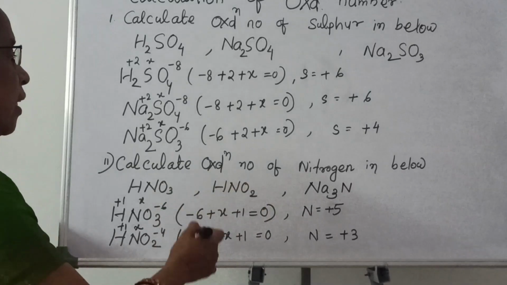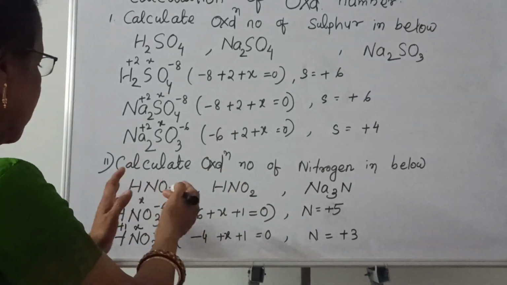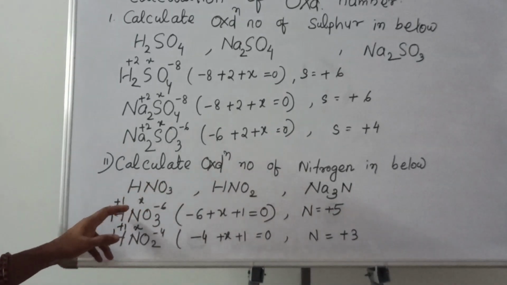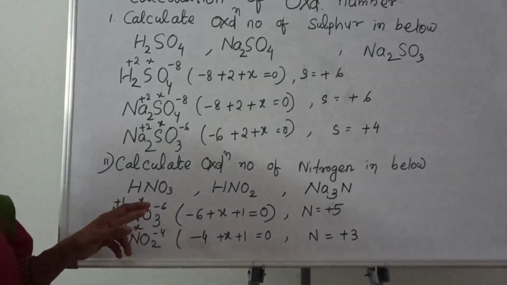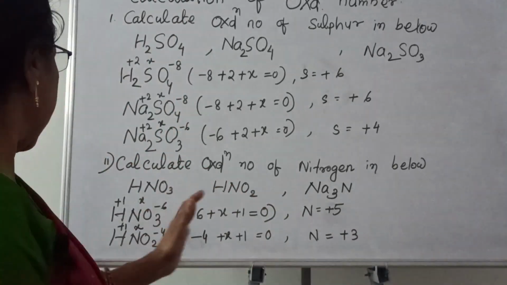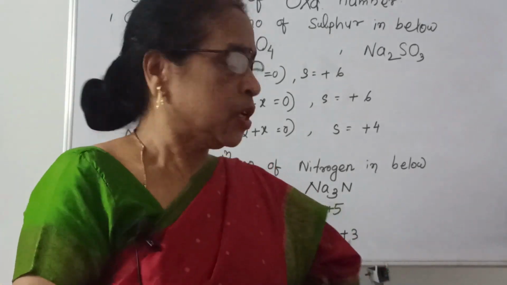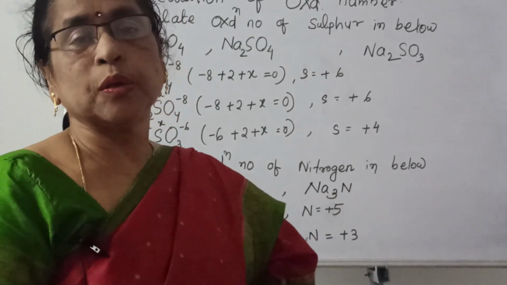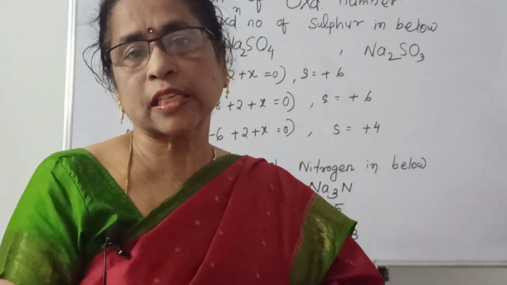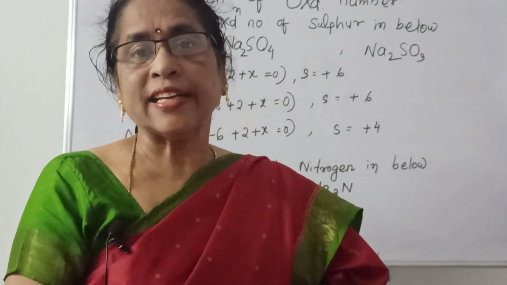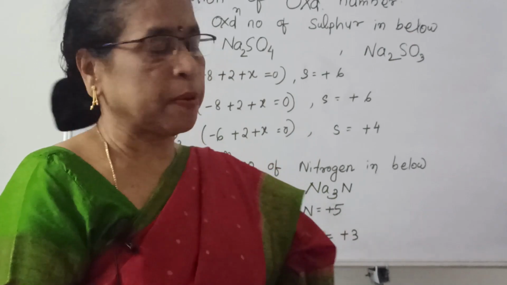You will find the oxidation number of nitrogen in the given compounds. First HNO3. See, H means plus 1, O3 means 3 into minus 2 equal to minus 6, and nitrogen is X. So the sum equal to 0. So N equal to plus 5. That means X equal to plus 5. That is, the oxidation number of nitrogen in nitric acid is plus 5.